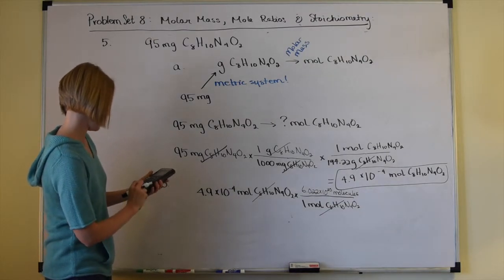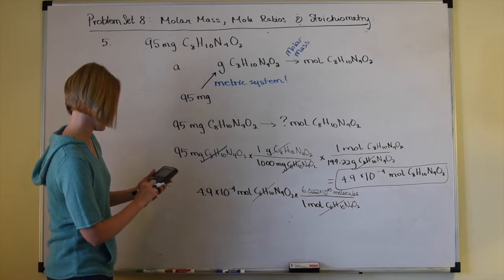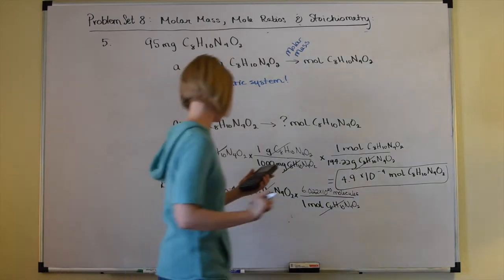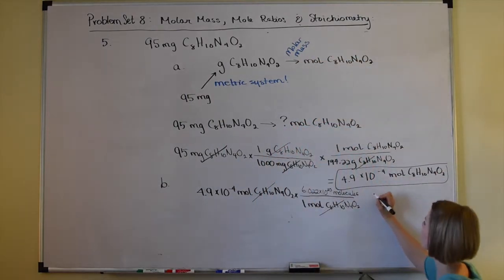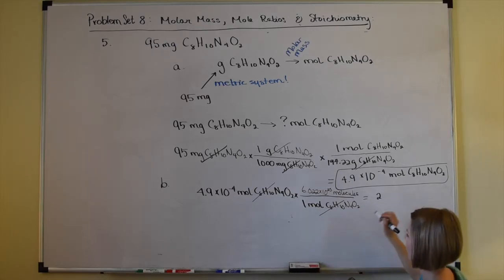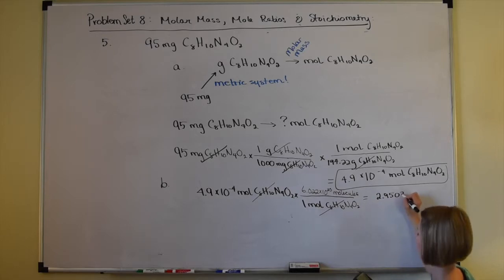All right, so 4.9 to the negative 4 times 6.022 to the 23rd. We get 2.95. So I'm going to go ahead and round that up. I'll go ahead and write the whole number first, times 10 to the 20th.